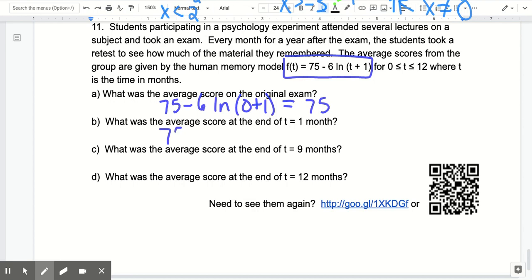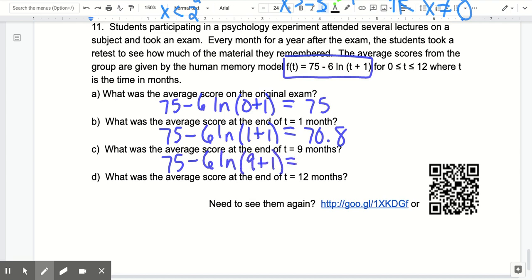All right, at the end of 1 month, so we all come back 1 month later, so just plug in 1. I'll put that in the calculator. And now the average test score is 70.8. After 9 months, we're going to plug in 9. Put that in the calculator.